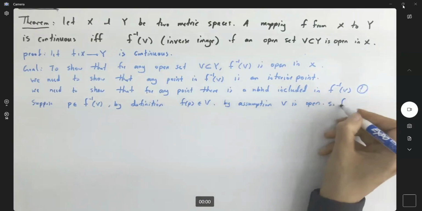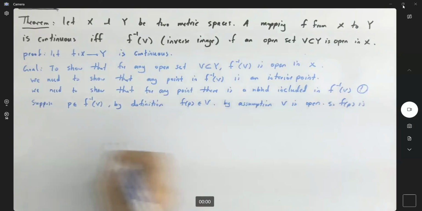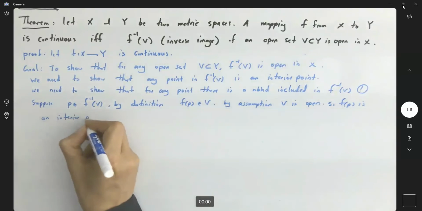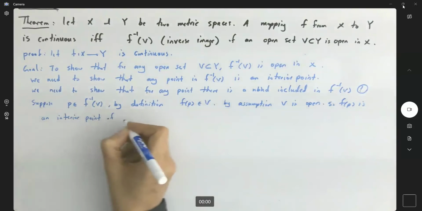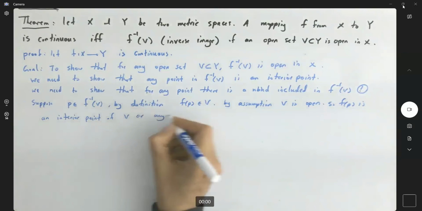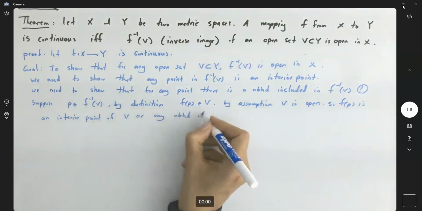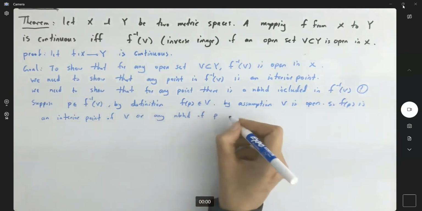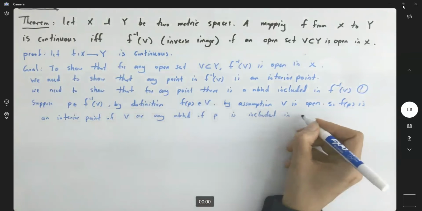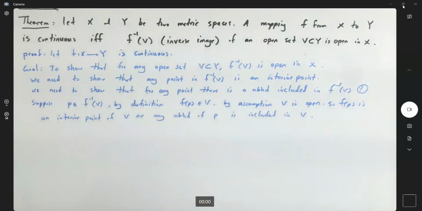So f of P is an interior point of V, or any neighborhood of P is included in V. So far we have this information.